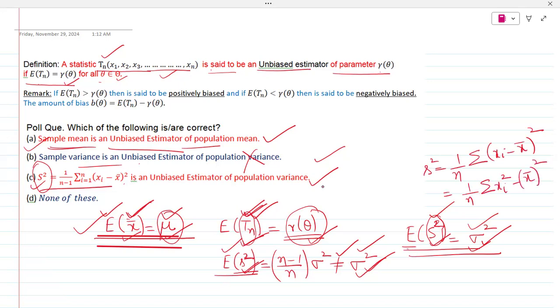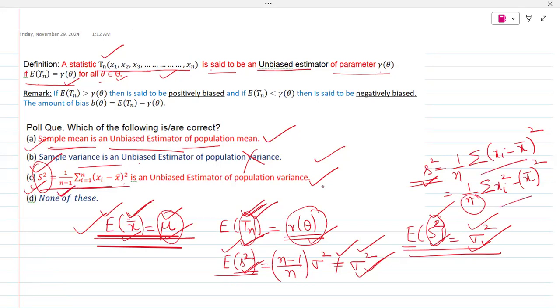Now, we will make a distinction between sample variance, small case s square, and capital case S square, because in sample variance there is n here, and in the case of capital S square it is n minus 1. The rest of the summation is the same.